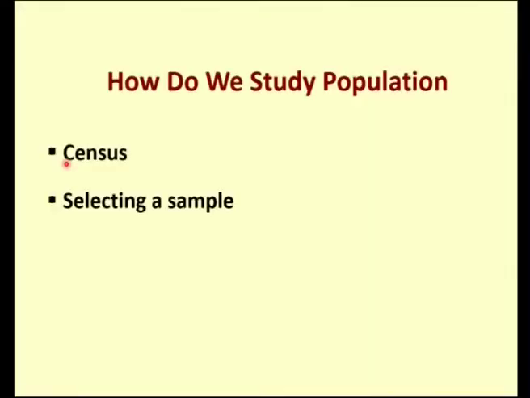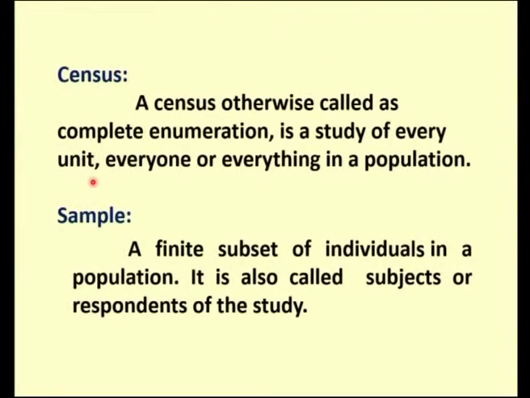And now we will see how to study about population. Generally we use two techniques or two methods to study about the population. The first method is census, the second is selecting a sample. Now, see what is census. Census, otherwise called a complete enumeration, is a study of every unit, everyone or everything in a population.